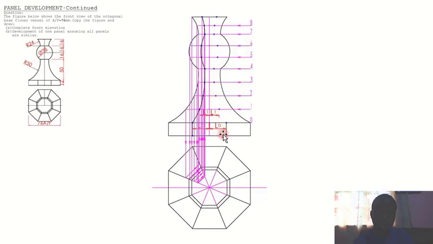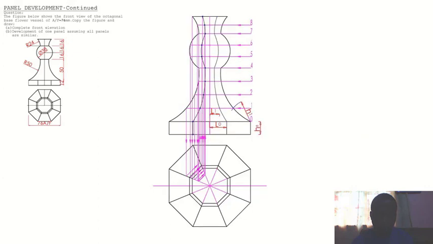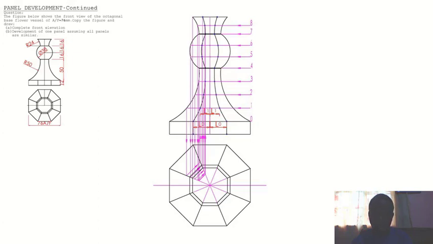Now having obtained those points, you also join a curve through, and as you can see, now you have the curve through the points you obtained, and that's how you draw the complete front elevation. But of course we need to outline, so our outlining will also be very important in this concept here.